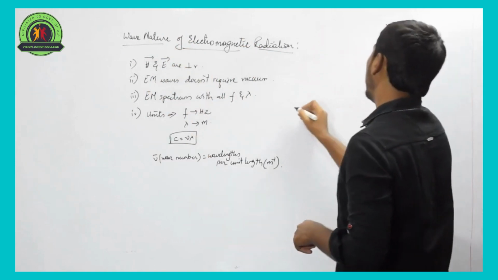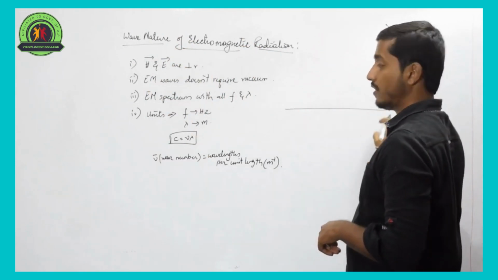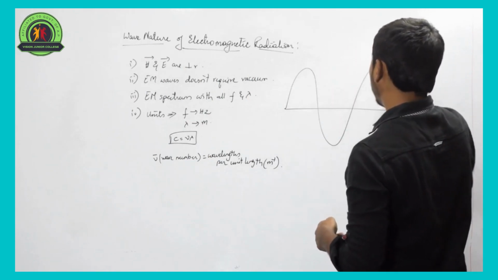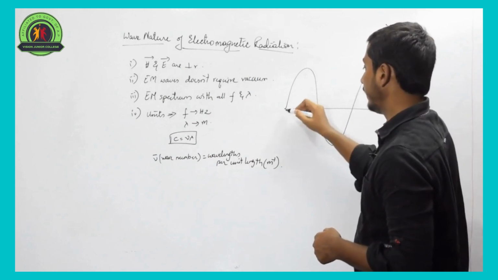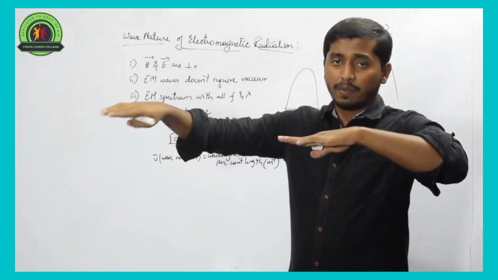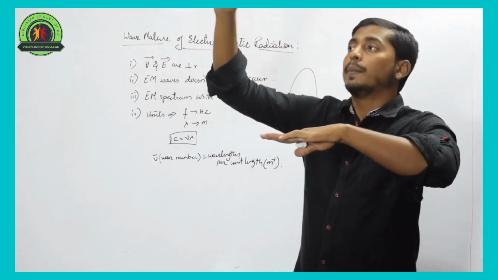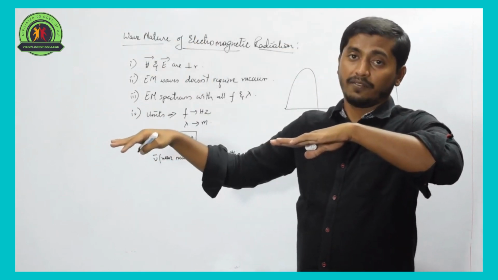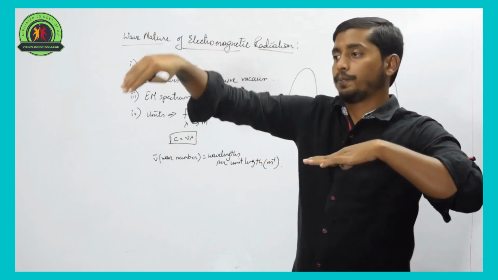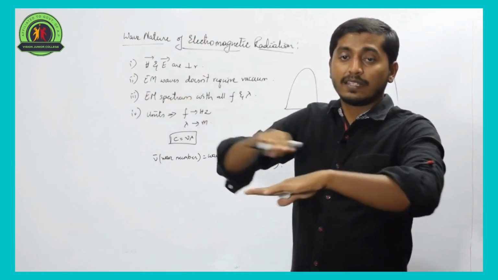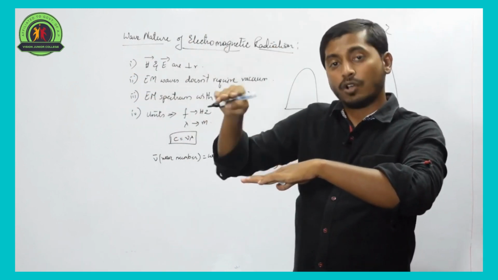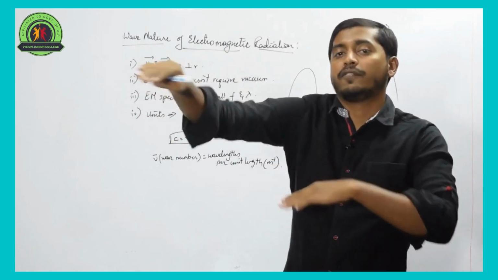For example, if this is the direction in which my particle moves, and the electric field is in this direction, then the magnetic field always passes in this way. Which means this is perpendicular to the propagation of the electric field, and it is also perpendicular to the propagation of the magnetic field.